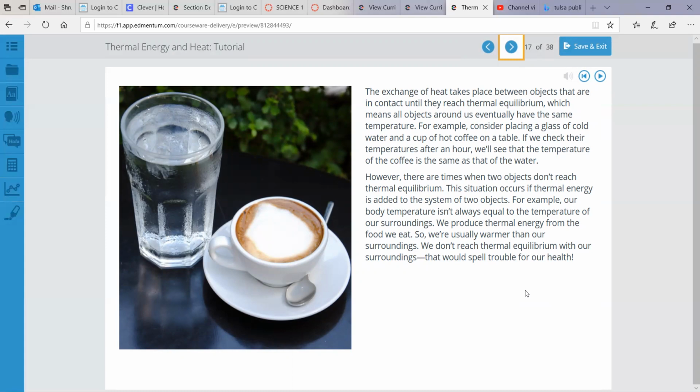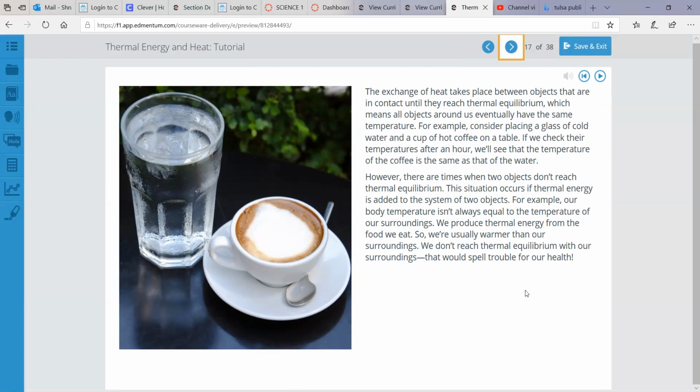There are situations where objects do not reach thermal equilibrium. This can occur if thermal energy is added to the system of two objects. So if there is something outside of the system bringing more energy in, then that can affect how things happen.